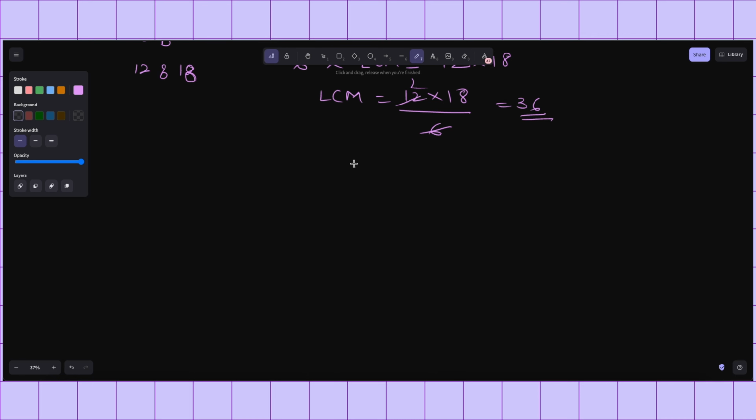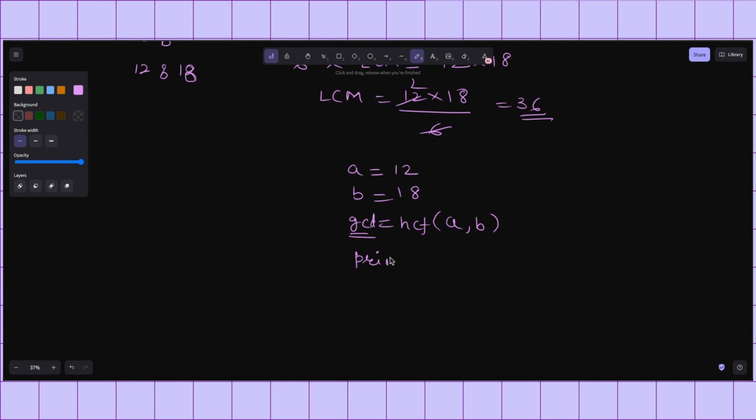So let's say we are given two numbers, A equal to 12 and B equal to 18. Now we will find the GCD by directly calling the HCF function that we wrote earlier, HCF of A and B. Okay, so this is how you got the GCD. Now you will find the LCM.